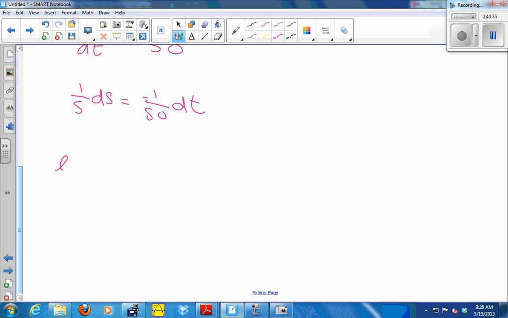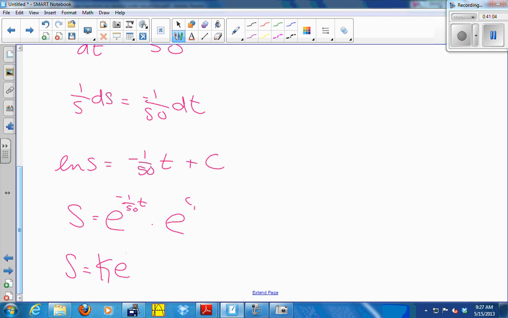So this is ln s equals negative 1/50th t plus c. Raise e to both sides. So s is some constant e to the negative t over 50.